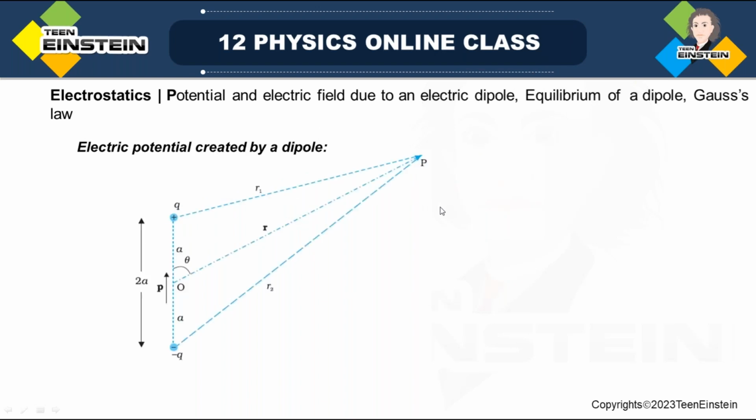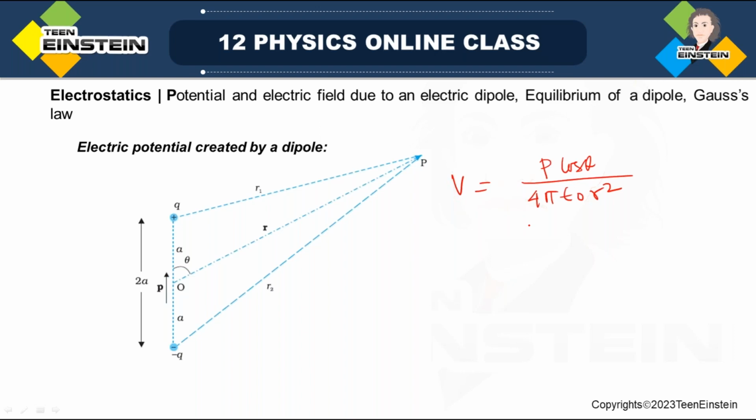This is somewhat of a recapitulation. Electric potential due to a dipole. If you remember, we had found electric potential due to a dipole at this point P is p cos theta by 4 pi epsilon naught r square.